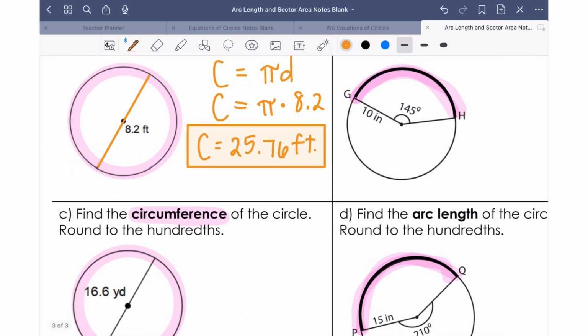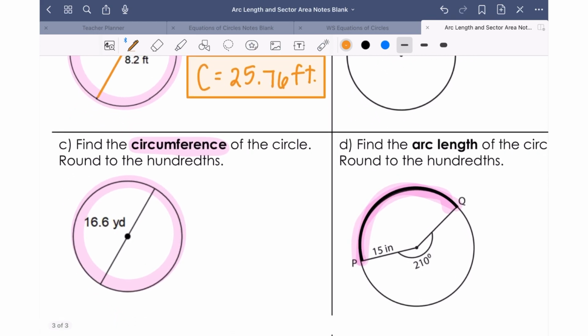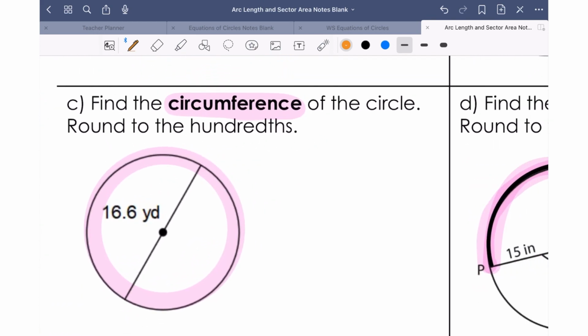I want you to pause the video and try to do C here for circumference. So here's the formula. See if you can figure this one out and use the correct rounding skills.